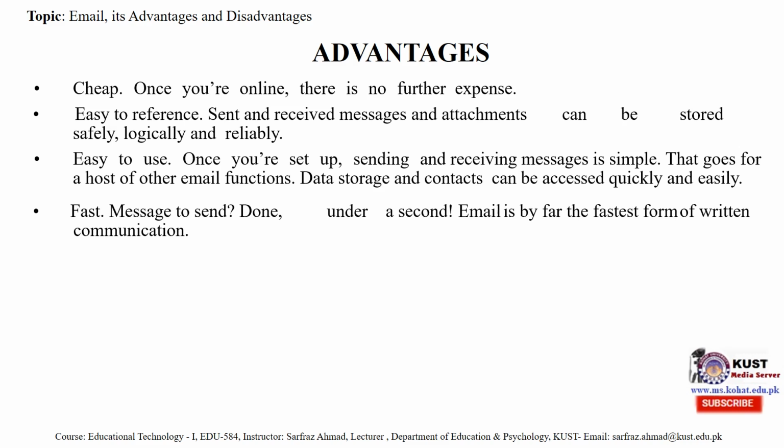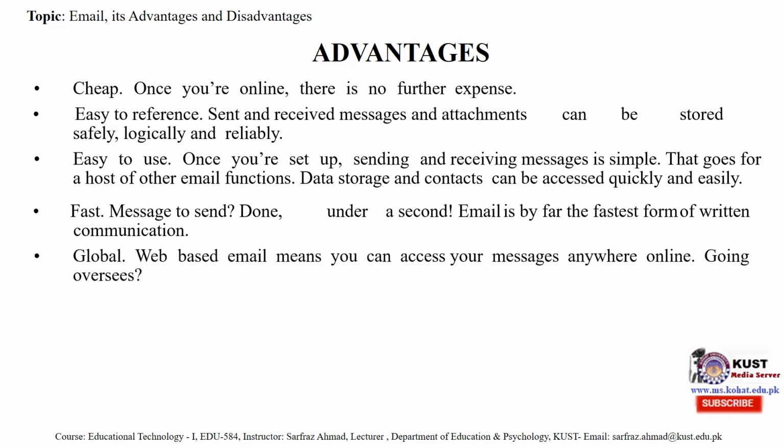It is also fast to send, meaning you immediately receive a message, sent in under a second. Email is by far the fastest form of written communication. It is also global: with web-based email you can access your messages anywhere online.